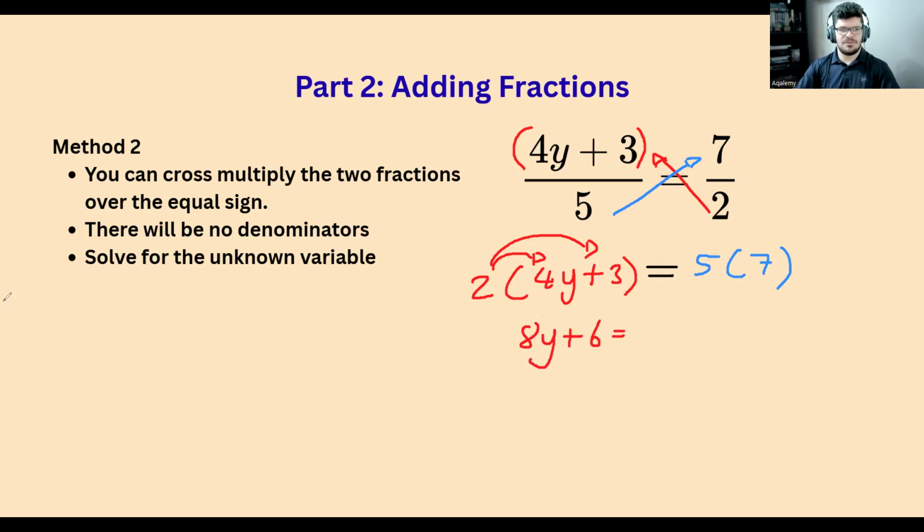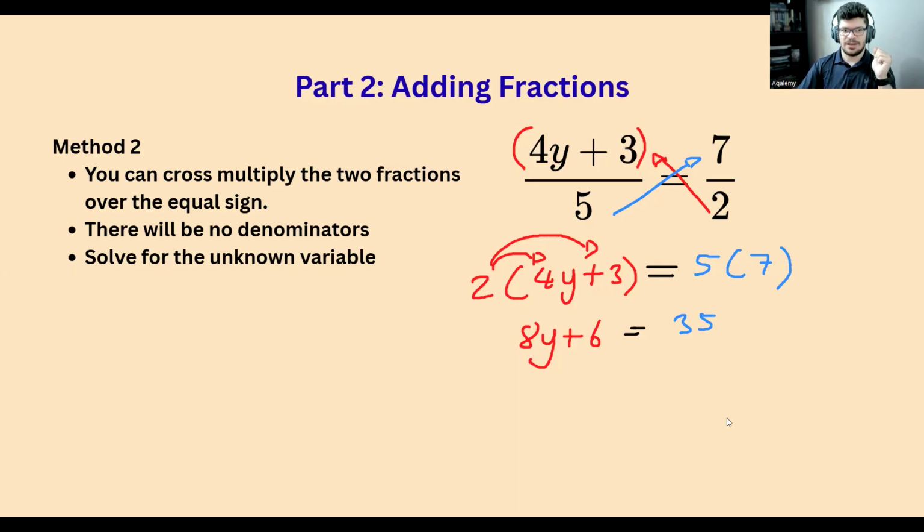Let's rather just stick with black so you understand. 5 times 7, 35. Now we just need to move 6 over the equal sign because now we have our equation. And notice something. When we cross multiplied, we showed the equal sign and there is no denominator, which is good.